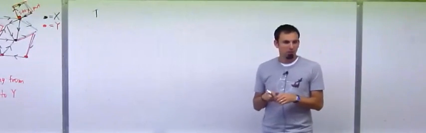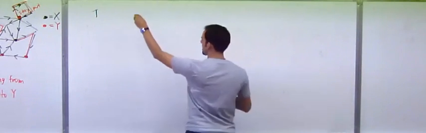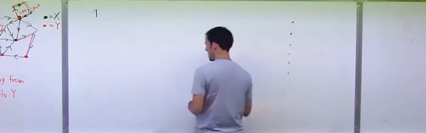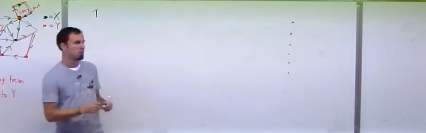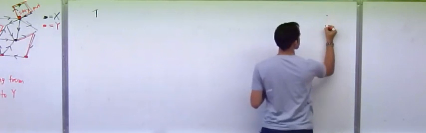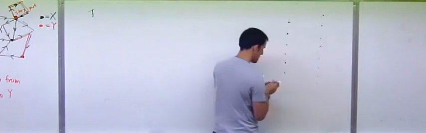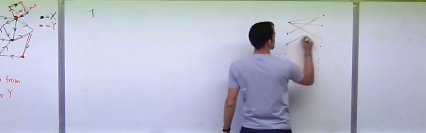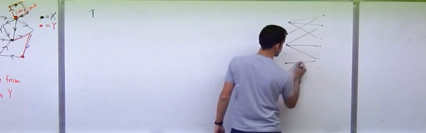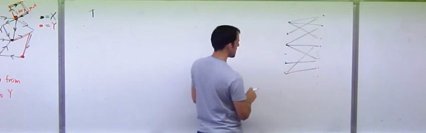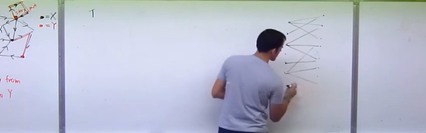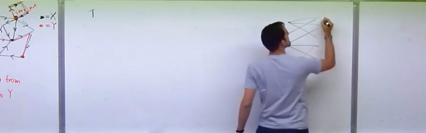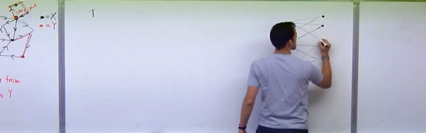And so this might remind you a little bit of transversal matroids. In a transversal matroid, what you have is a bunch of vertices on the left, a bunch of vertices on the right, and then the graph looks like this in some way. Actually, I think I want these guys to be the black ones for what I'm going to say.